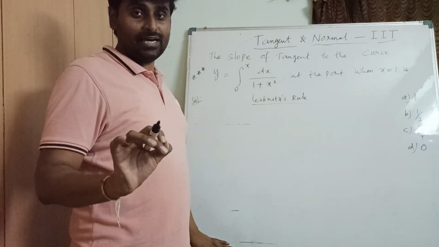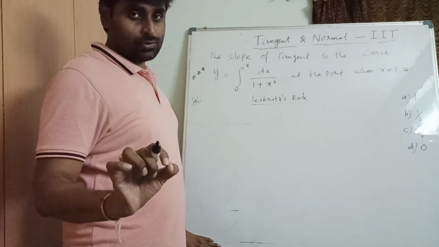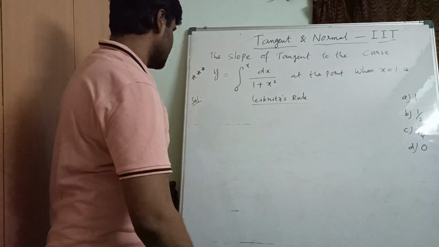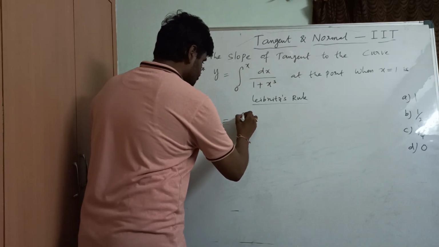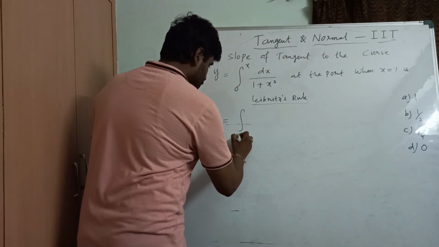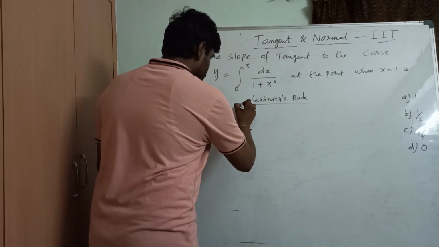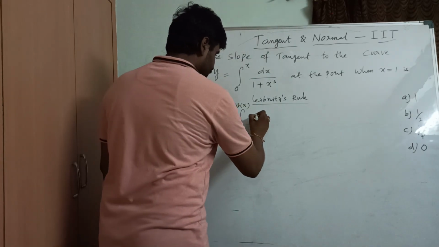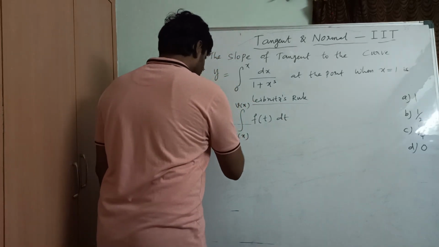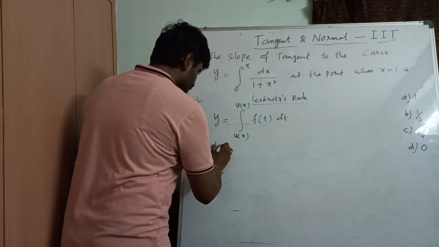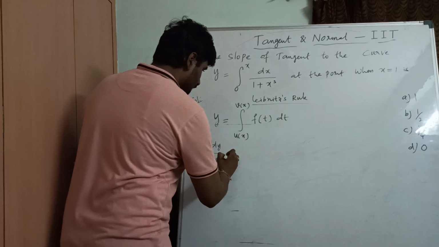It will not take even 30 seconds. Correct? So now let us see. Here, first of all, what is the form? y equals integral from u of x to v of x, and the function may be in another variable. Then we can differentiate this function by using the Leibniz rule.